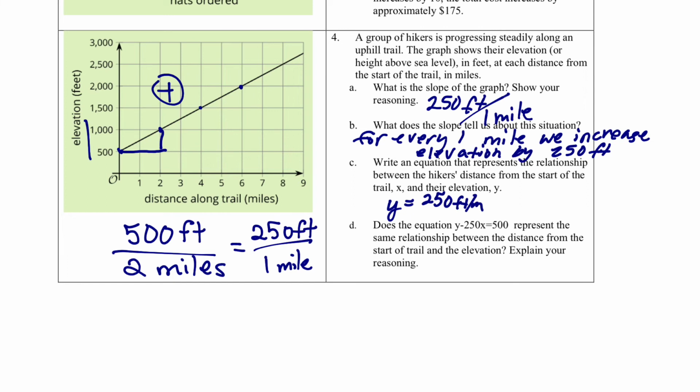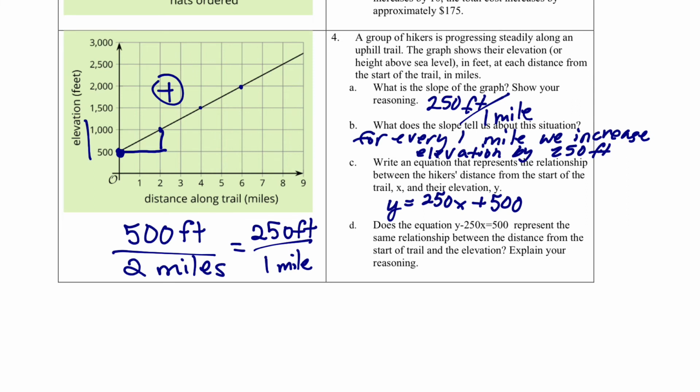So 250, for simplicity, 250x. And then we're starting at an elevation of 500. That's our y-intercept.